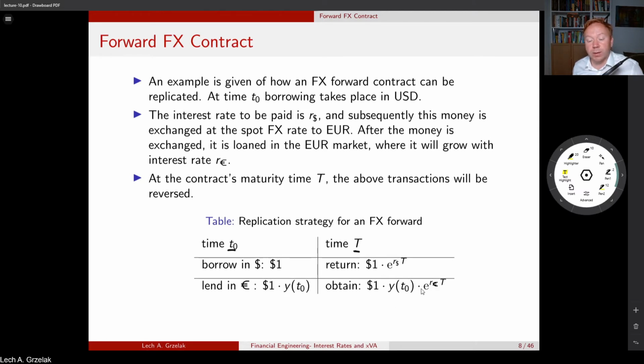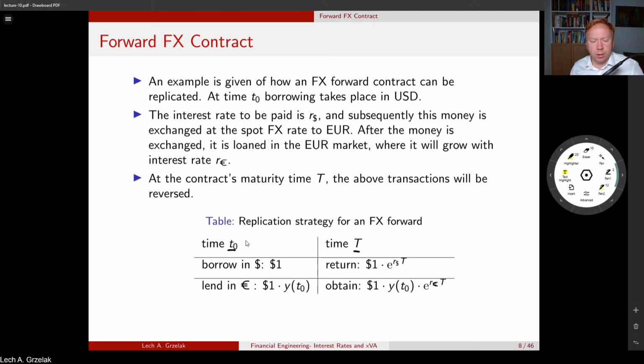So in the money savings account, we will receive this additional factor. This is the multiplier, which shows how this amount will grow in time. Of course, please keep in mind that here we're considering deterministic interest rates. However, the principle can be extended to stochastic interest rates. Then we just have to move from exponentials to zero coupon bonds, but exactly the same strategy would apply.